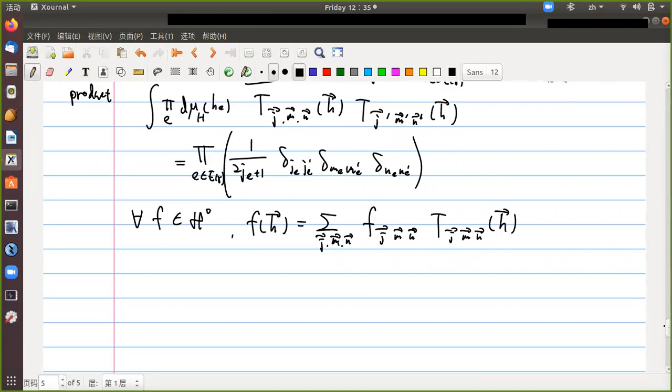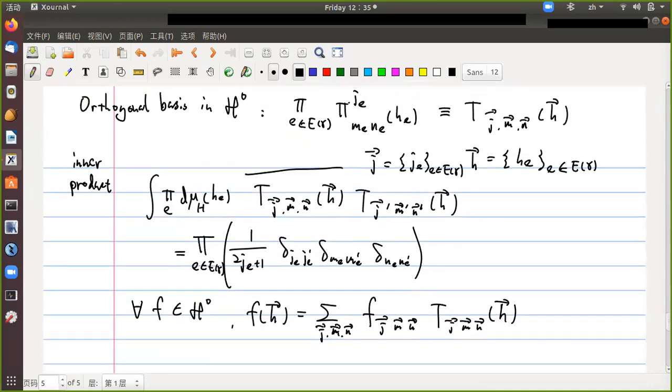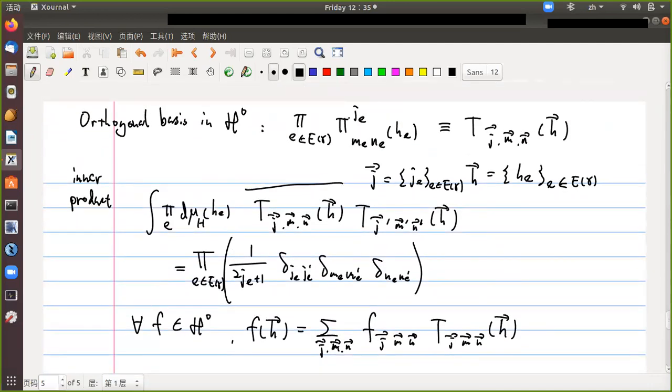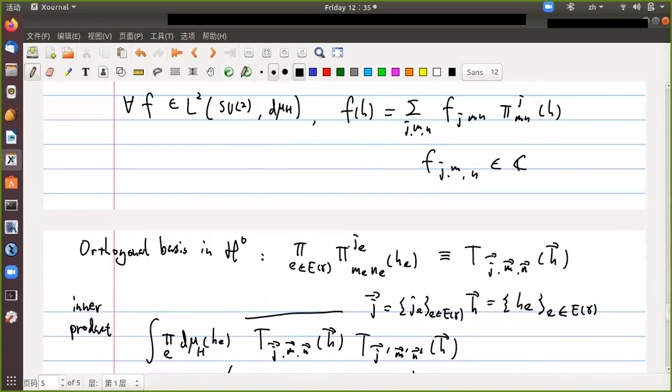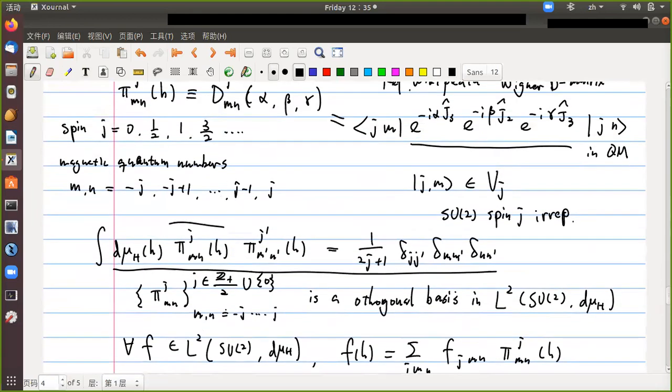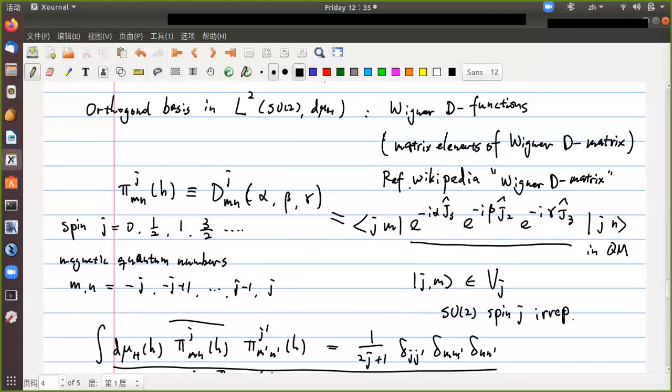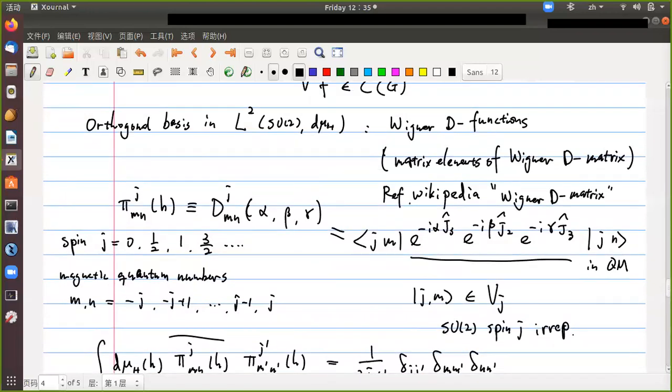I just want to confirm one understanding. Because the holonomy is an element of SU2, this is why we can use the Haar measure, am I right?